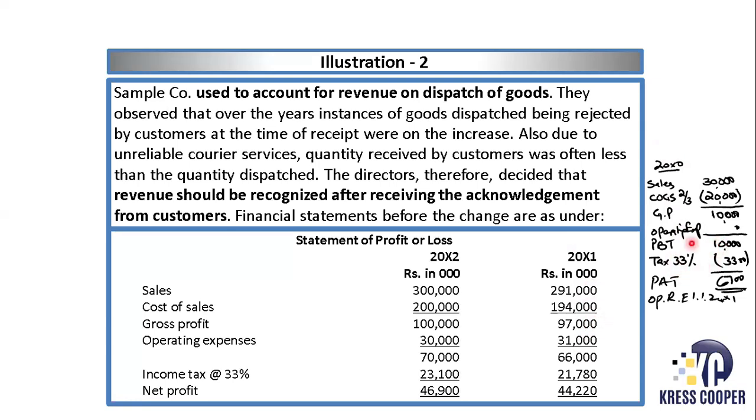What happens is that the profit will be impacted equal to 10,000, and the taxation rate that we can take from here will be subtracted from it, so that the profit after tax will be impacted with the amount of 6,700. So this 6,700 will be reflected in the opening balance of the retained earning of the earliest presented period.